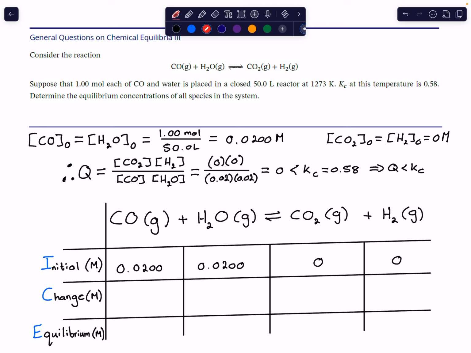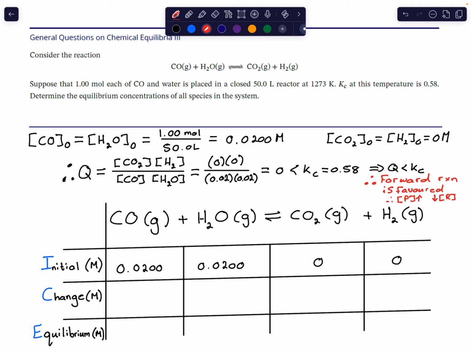And when Q is less than Kc, it means that the forward reaction is favored until equilibrium is reached. Therefore, it means that our product concentration is going to increase and our reactant concentrations must decrease for equilibrium to be established.